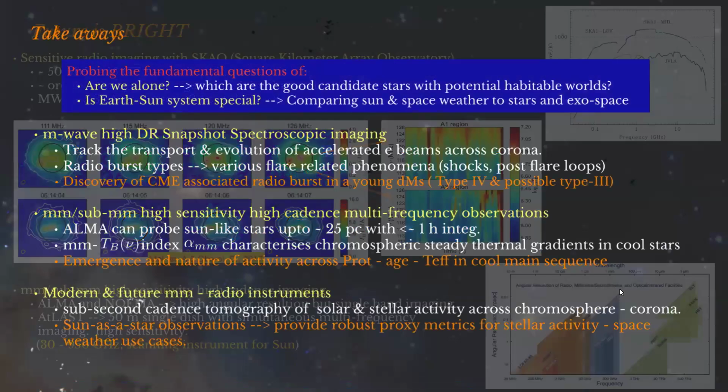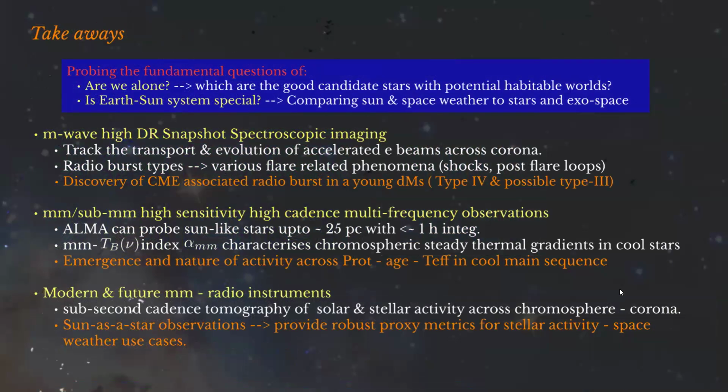So these are the main takeaways. With these improved instruments across the sub-terahertz band, we can now probe solar and stellar activity across the chromosphere and out into the corona and how they evolve. We report the first discovery of a solar-like radio burst, which is the cornerstone of the standard flare model, for the first time in a non-solar type star.